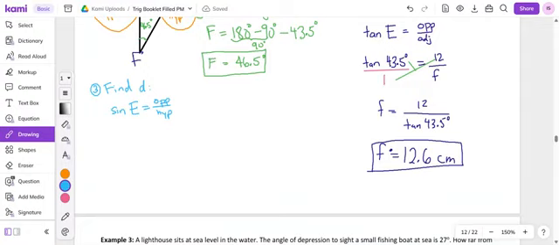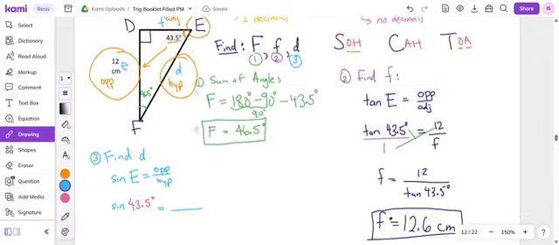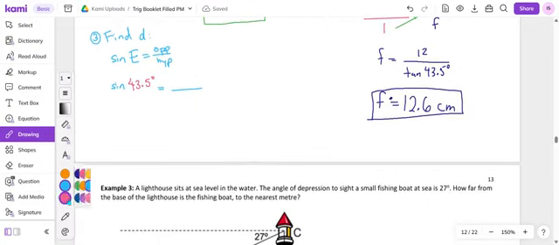On the quiz, I do want you to write the entire formula before you add any numbers. This is just good math communication. And now we'll write this again with our values. Sine of E equals, my opposite is 12, and the hypotenuse I don't know, but I'll call it D.